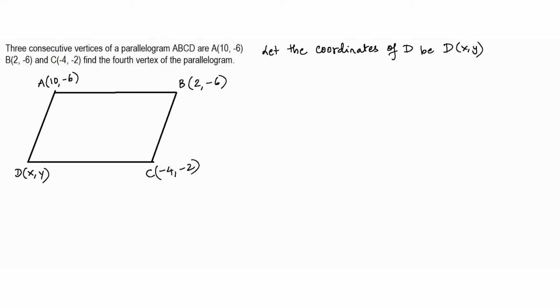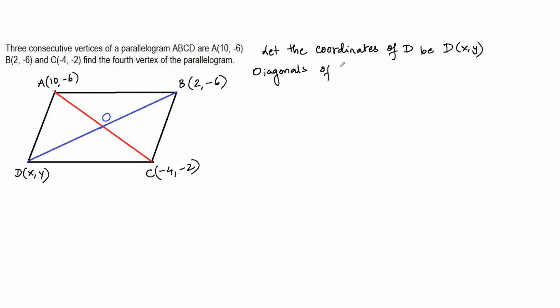Now I know that there is a very important property that a parallelogram has, and it is that the diagonals bisect each other. So I can say that the midpoint of AC and the midpoint of BD exactly overlap. So O is the midpoint of AC as well as O is the midpoint of BD.